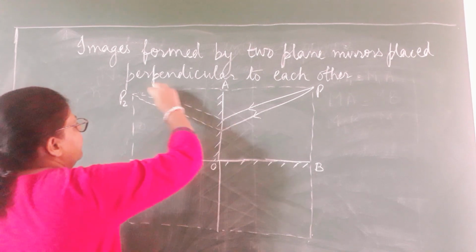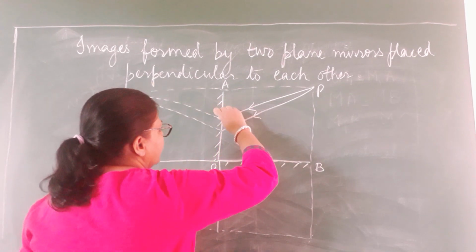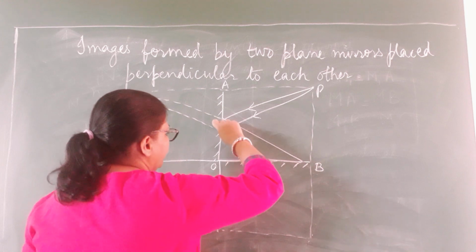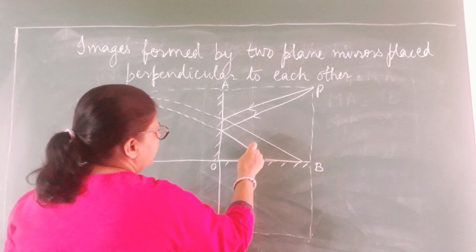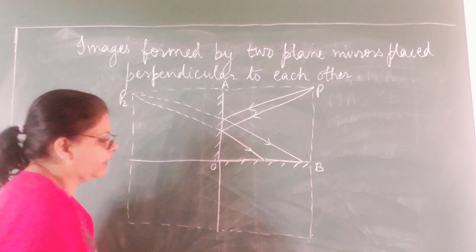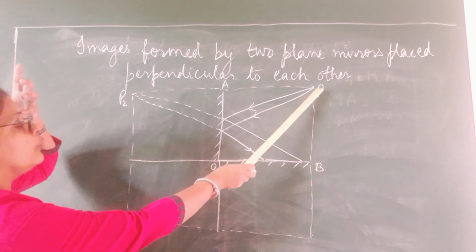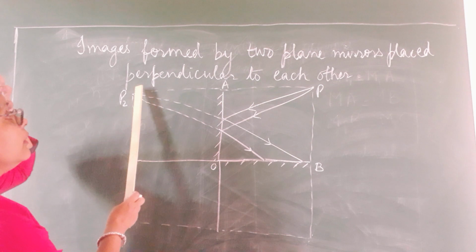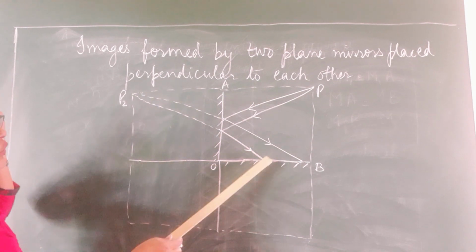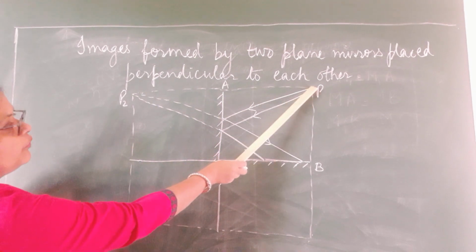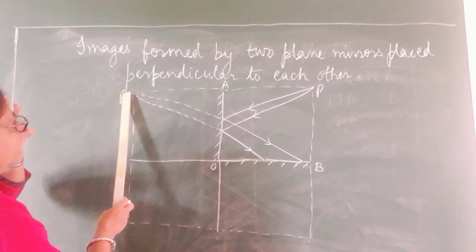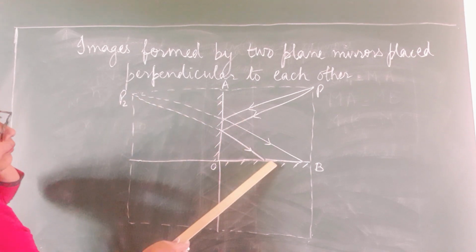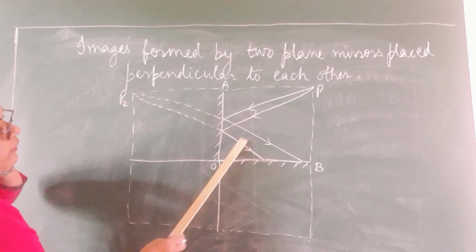Now I extend these 2 rays with a scale to fall on the second mirror OB. See, this was the object whose image was formed here and this image becomes the object for the second mirror. This is the object, here is the image, and this image becomes the object for the second mirror and I have drawn extended rays.